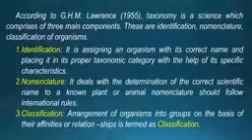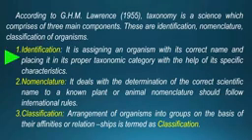According to G.H.M. Lawrence, 1955, taxonomy is a science which comprises three main components. This is very important. Previously, we mentioned four characters. Here, according to Lawrence, taxonomy comprises identification, nomenclature, and classification of organisms.